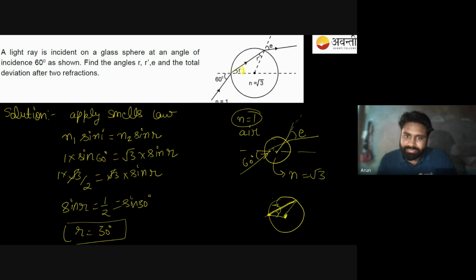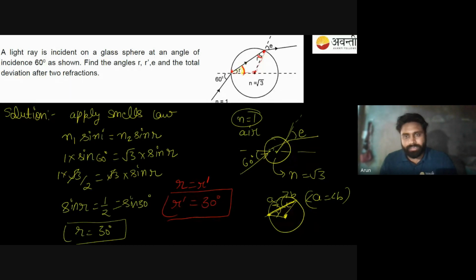If this angle is A and this angle is B, then angle A equals angle B. You can see in the figure, this is R and this is R dash. These chords are connecting to the points and these meet at the center of the sphere. So we can consider from here that R is equal to R dash, which means R dash is nothing but also 30 degree.